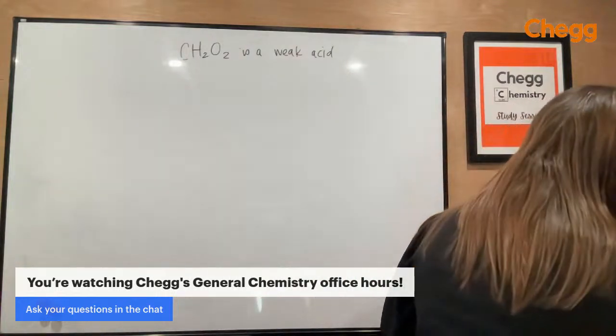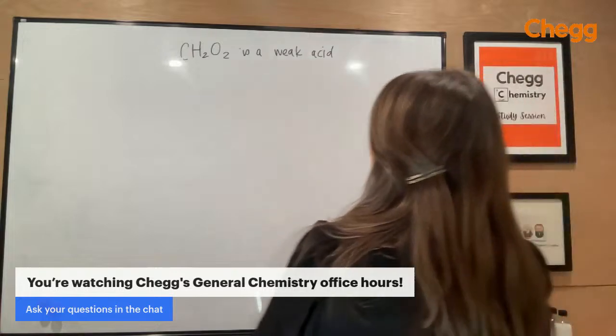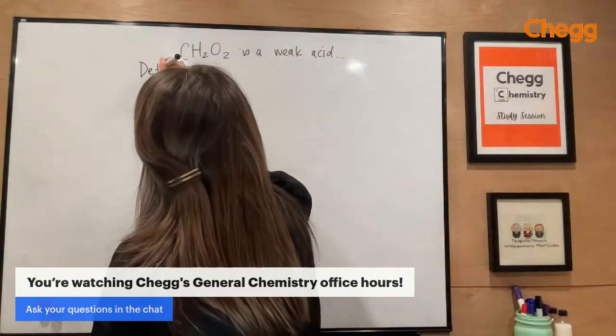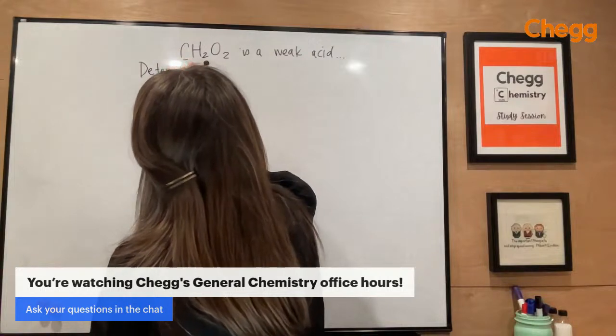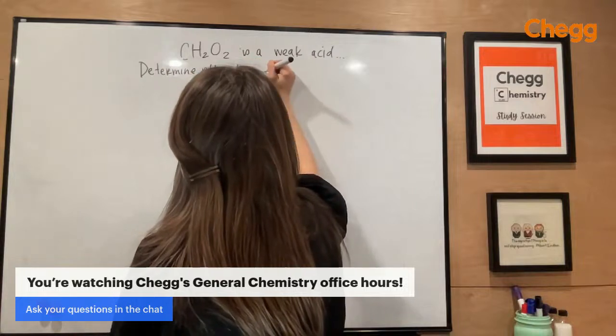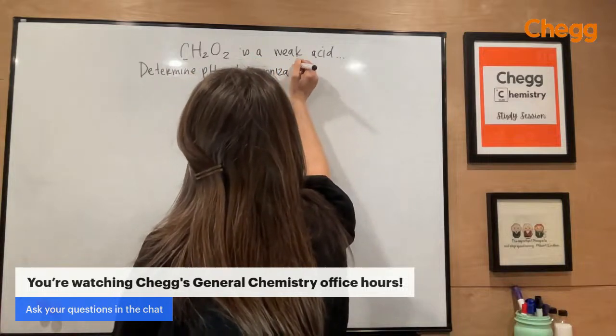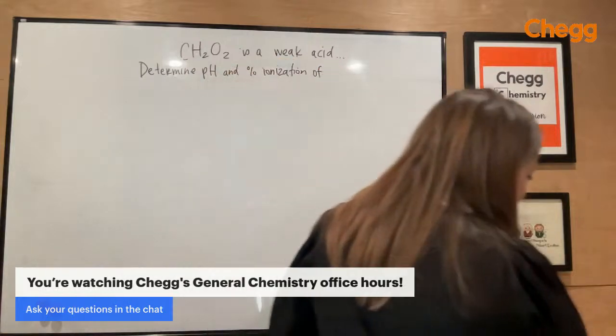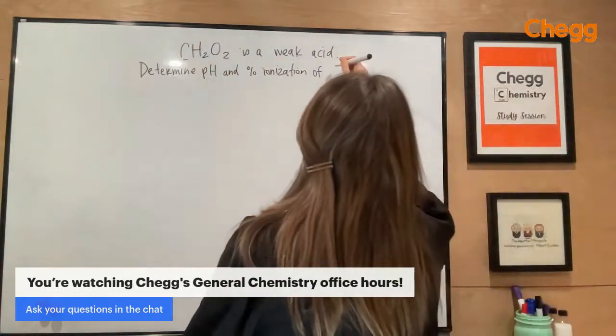So let's say we want to determine the pH and the percent ionization. I'm just going to abbreviate here. A 2.5 molar solution.